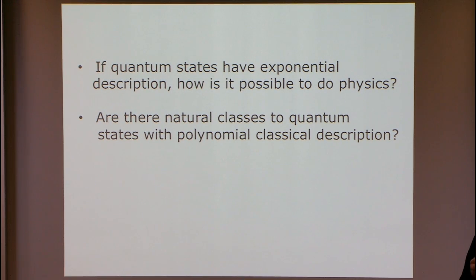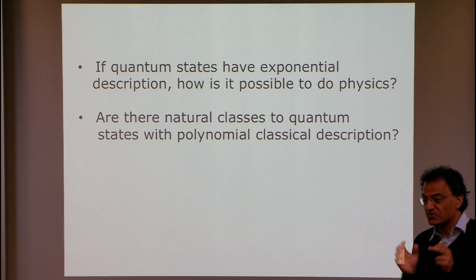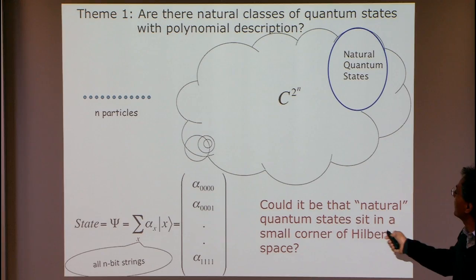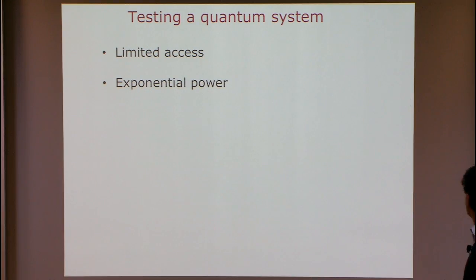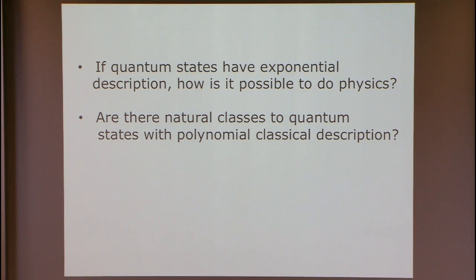How can we, mere classical beings with polynomial computing power, with a limited amount of information processing power, how could we possibly comprehend the possible states of quantum systems and much less understand their properties?